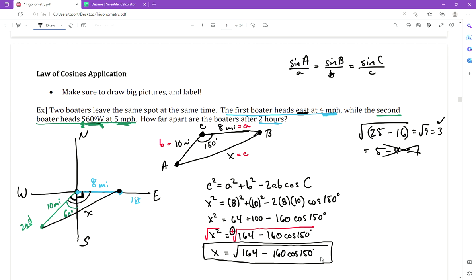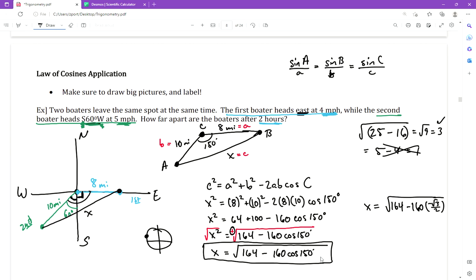All right, instead, let me write it up here. What we're going to do is evaluate the trig function. So we have 164 minus 160 cosine of 150. If we need the unit circle to help us still, that's fine. It's over here, and the x coordinate would be negative square root of 3 over 2.